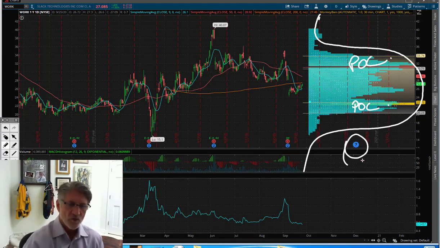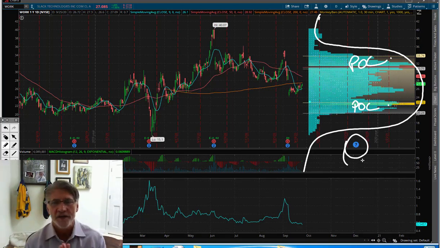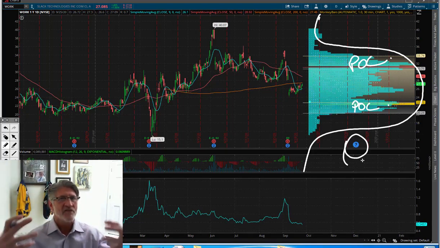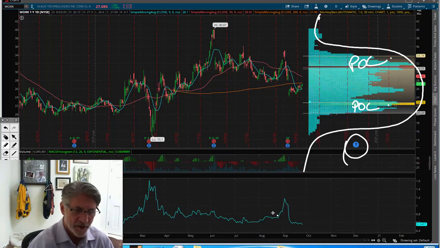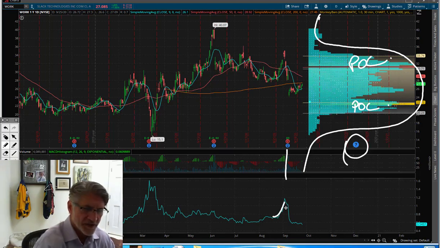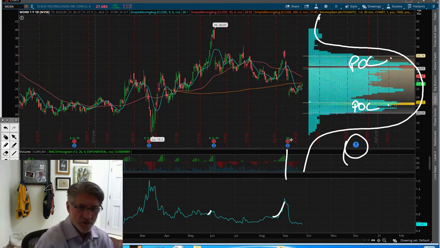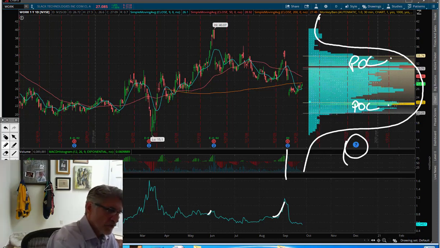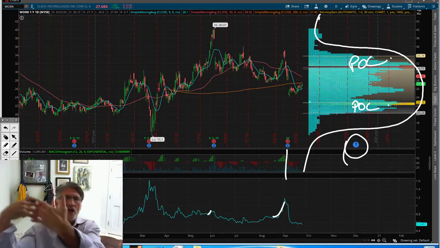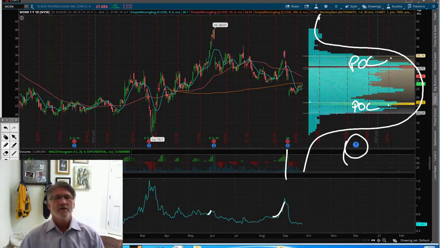Also, you notice we've got a binary event in that contract that I decided to pick. Why did I do that? Well, it's all part of the method to the madness, right? We want to have a binary event in there because heading into binary events, you can see right here, we got volatility expanding into this one. Not a great volatility expansion, but volatility expansion nonetheless. And you can see, in regards to the location of when I got in, it'd be something like this, where we can see that volatility start to increase heading into that binary event.